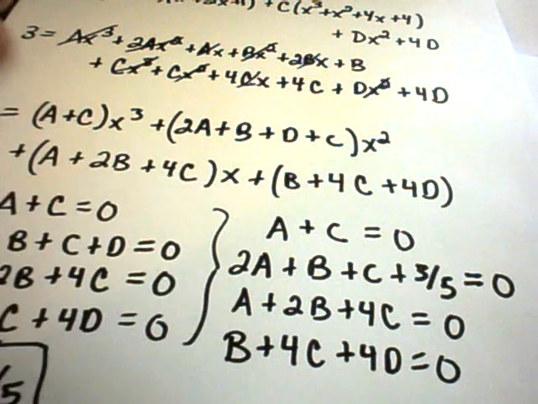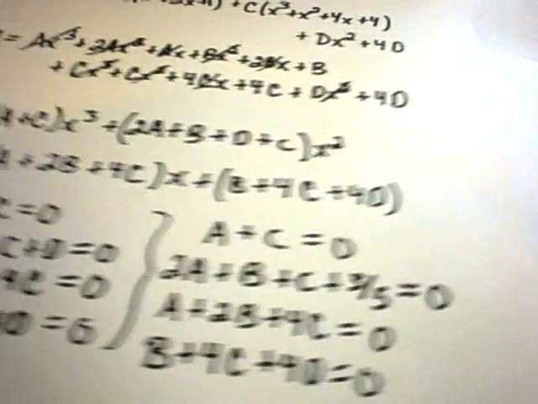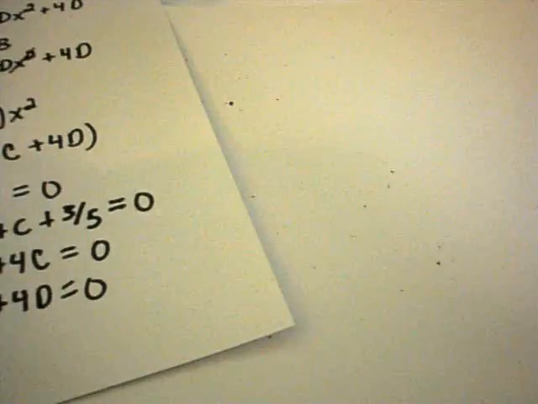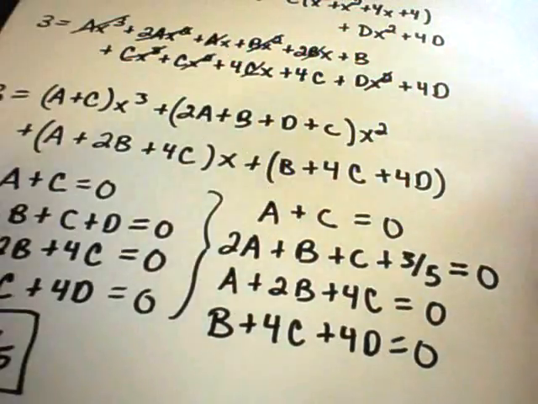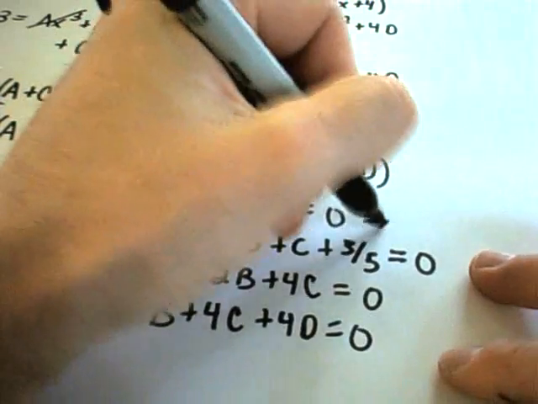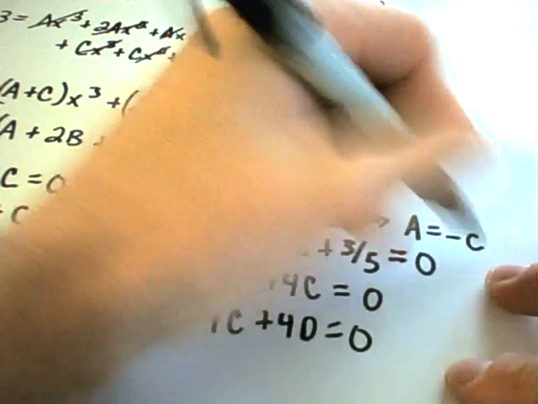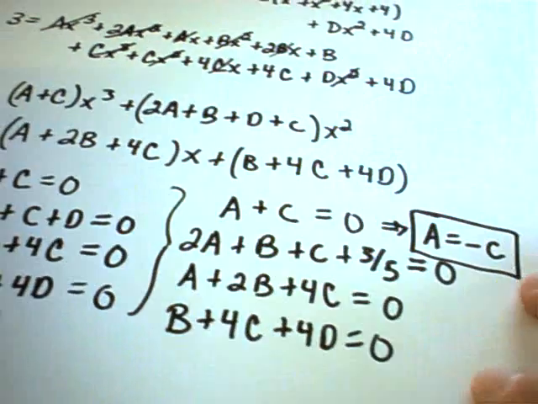Let's see, what's the best way to do this one here? What I'm going to do is, so let me rewrite this one more time. I'm going to take my first equation and solve that. This will give me that a = -c. And now I'm going to start plugging that into the other equations.